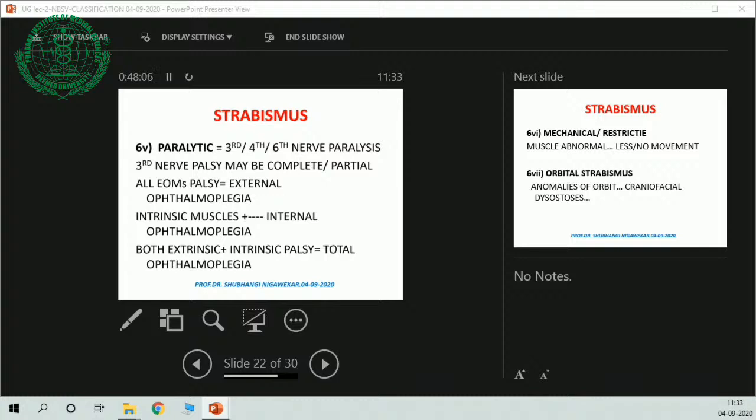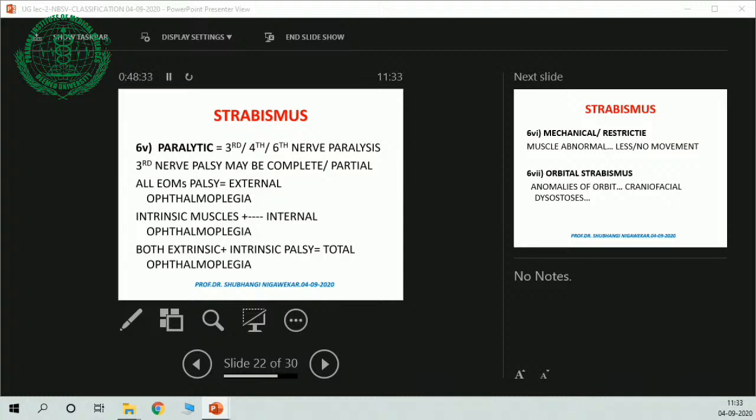Okay, lateral deviation is possible, so the lateral rectus is fine. Medial rectus, oh, it is not getting deviated medially on my command, so I will see the pupil, I will see the ptosis if it is present. Okay, this is the correlation. That's why we go clinically, and this classification is useful as far as clinicians are concerned.